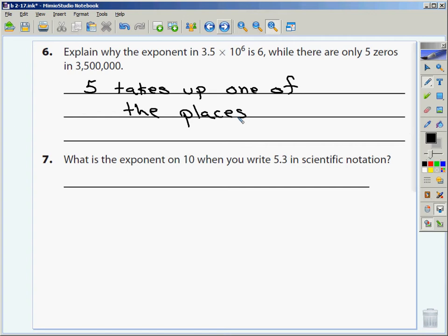Okay? The next one's a little bit trickier. What is the exponent on 10 when you write 5.3 in scientific notation? If all I want to do is write 5.3 in scientific notation, what is the exponent on this 10? 0.